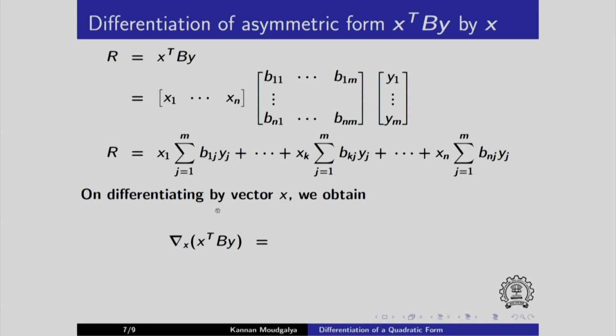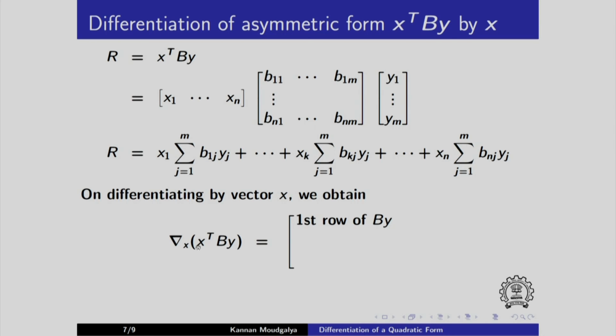Now let us differentiate this R by vector x. So we will differentiate this with respect to x1. So I will get only the first entry here. And what is the first entry? It is nothing but the first row of By.